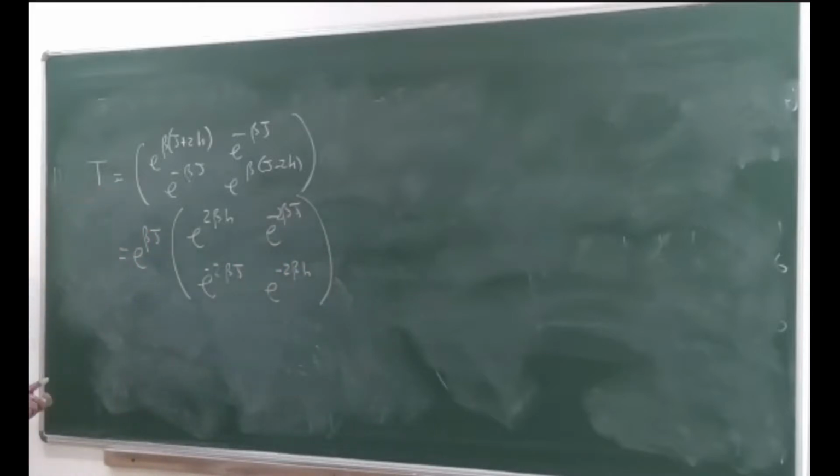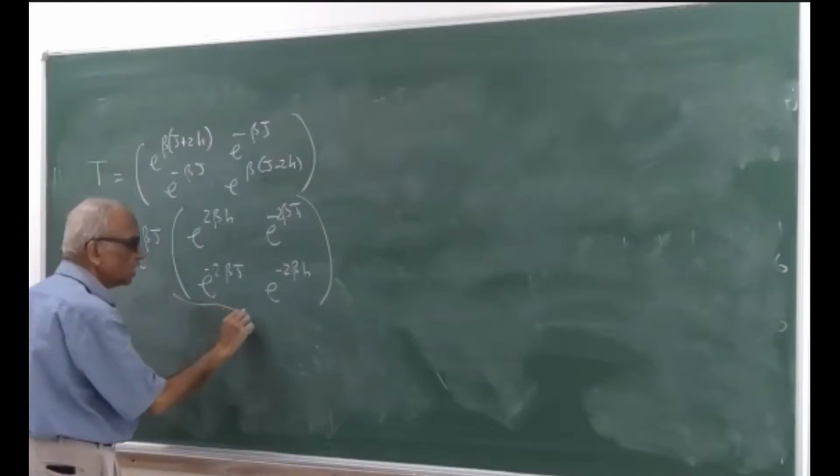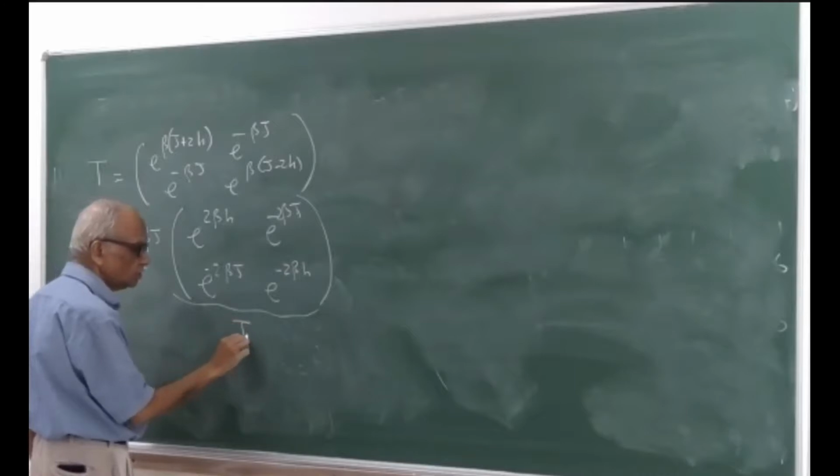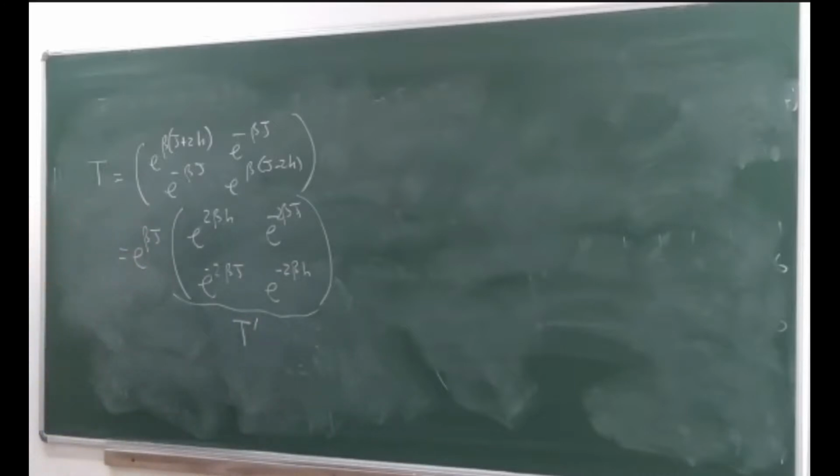What I have done is I have just removed a constant part of this, and I'm going to focus on this T prime, which I'll call my new transfer matrix. So T has gone to this.